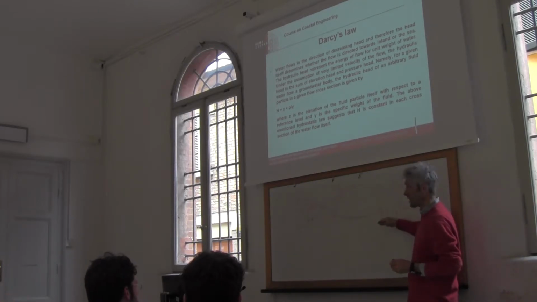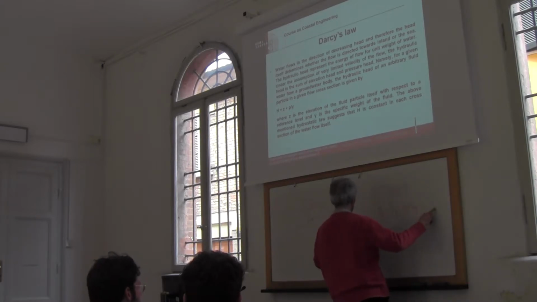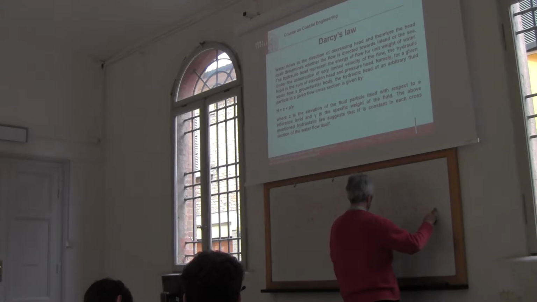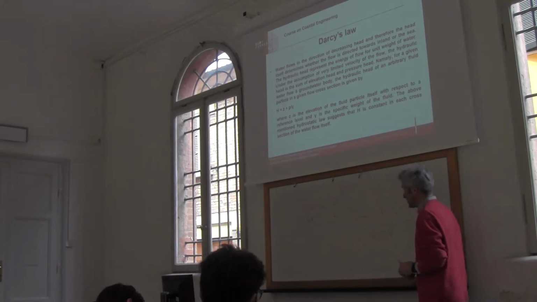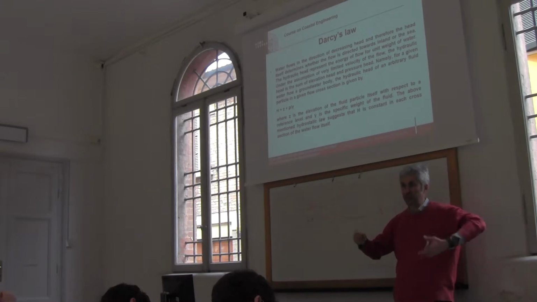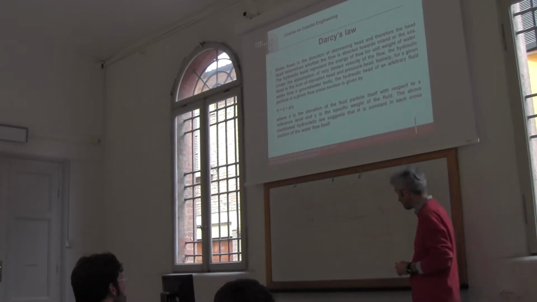So I have to equate these two pressures, and then I have to write that gamma S H is equal to gamma F times H plus hf. My purpose here is to estimate H, so to locate the position of the interface. Okay?